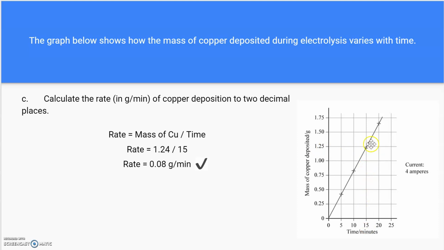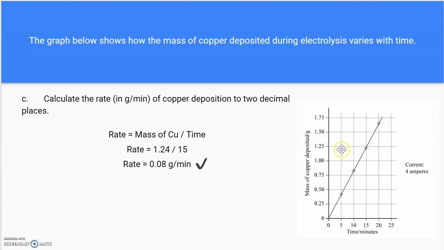So here in this point, we know that the time is 15 minutes and that the mass deposited is a little bit less than 1.25 grams, so 1.24. Now we need to divide that y value, so that 1.24, that mass deposited, by the time it took.